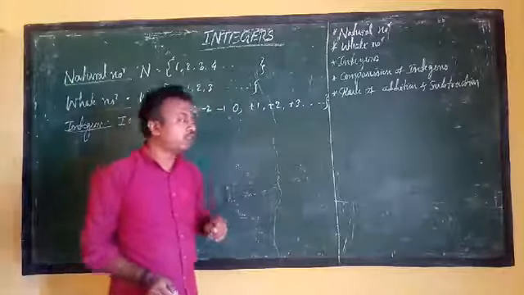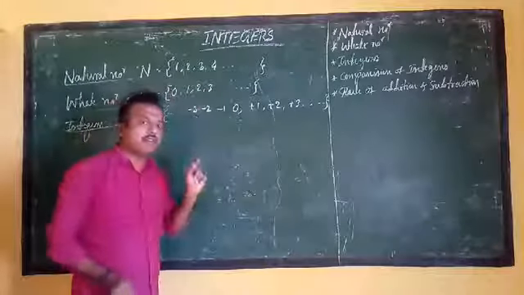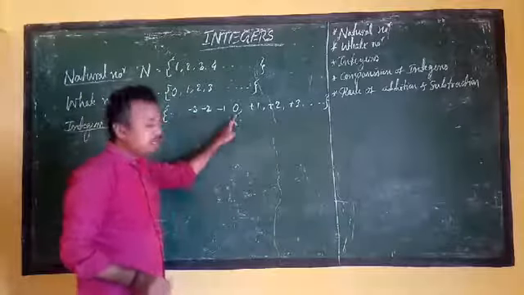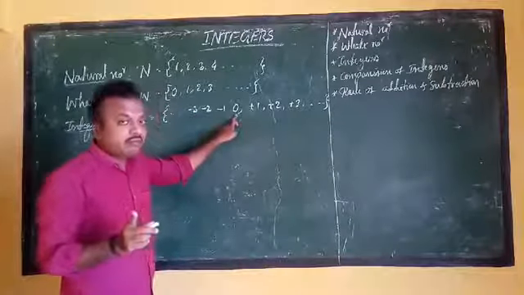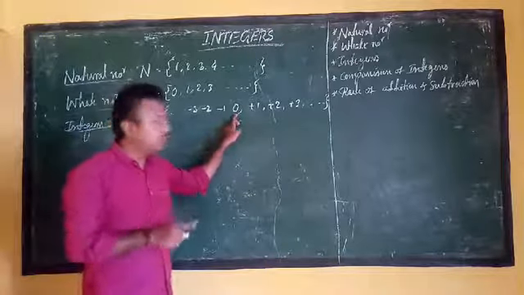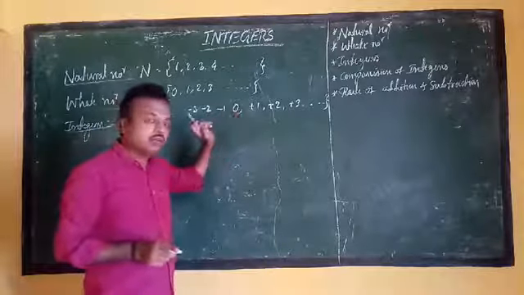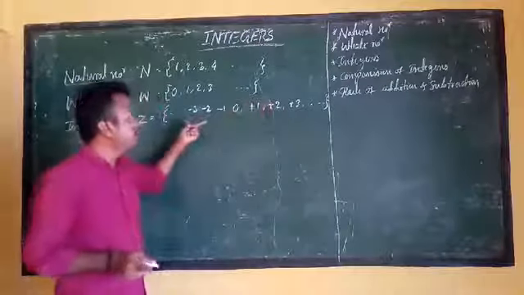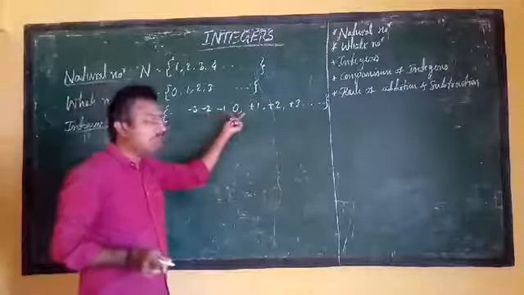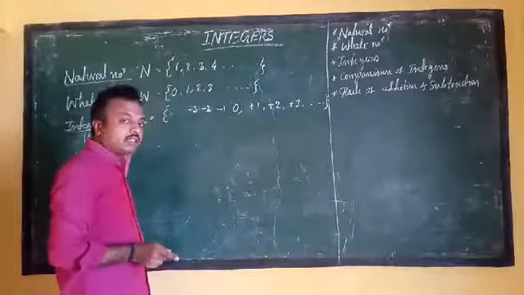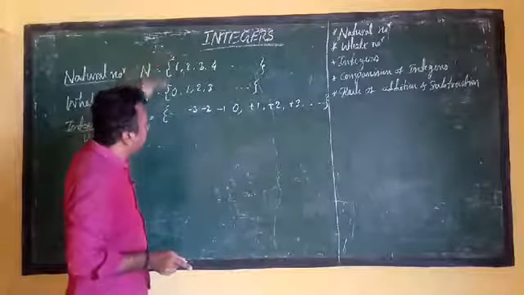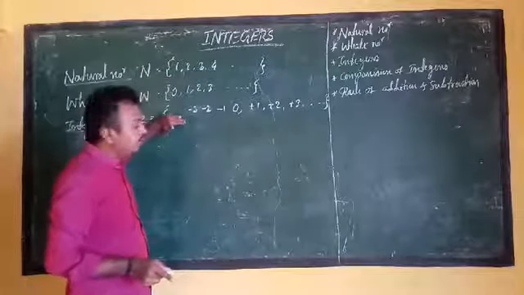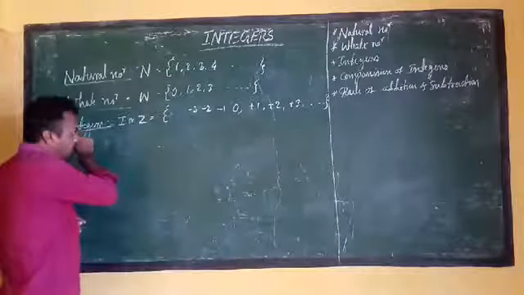Negative numbers means a number having a minus sign. 0 is neither positive nor negative. So a set containing positive numbers and negative numbers along with 0 is called integers. Every natural number is also an integer, and every whole number is also an integer. Understand?